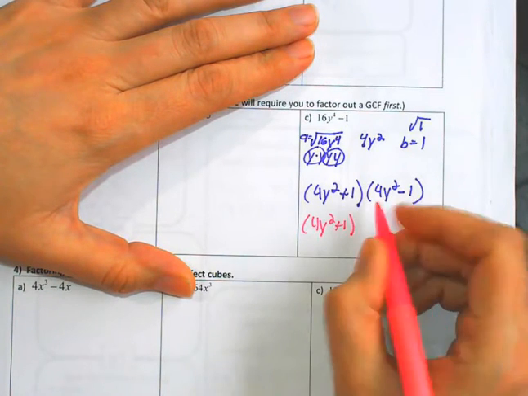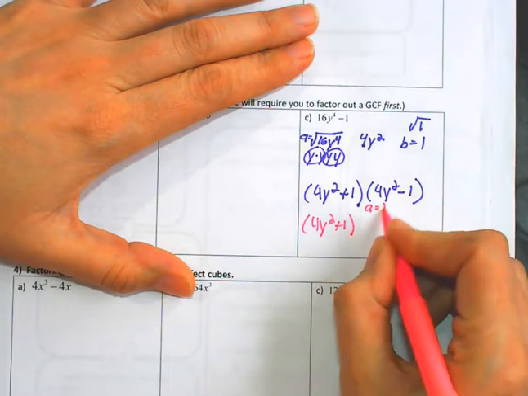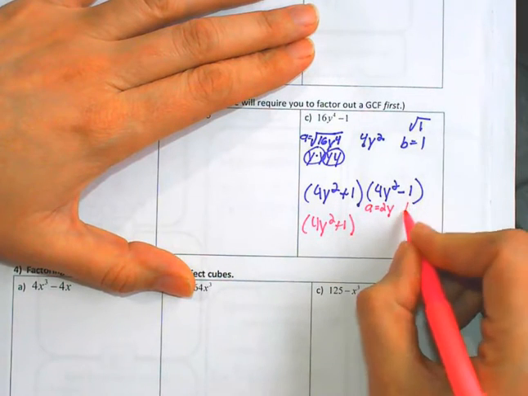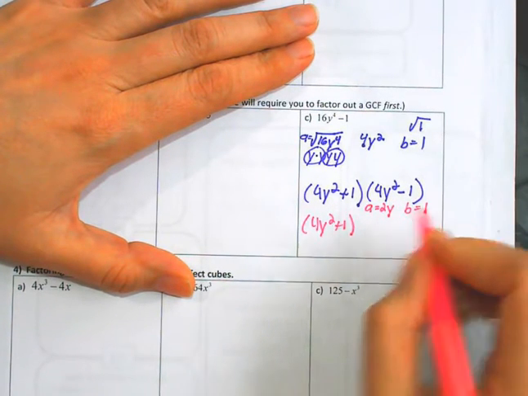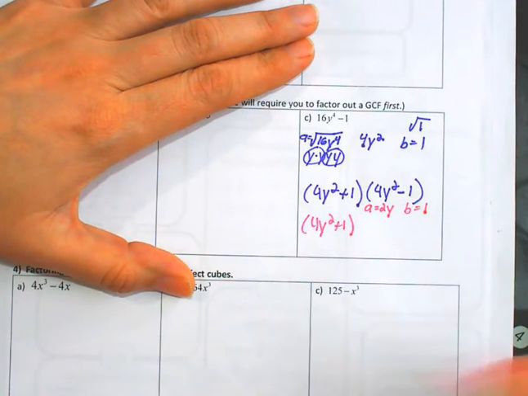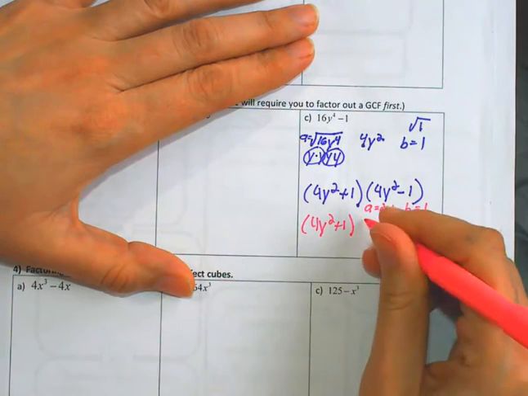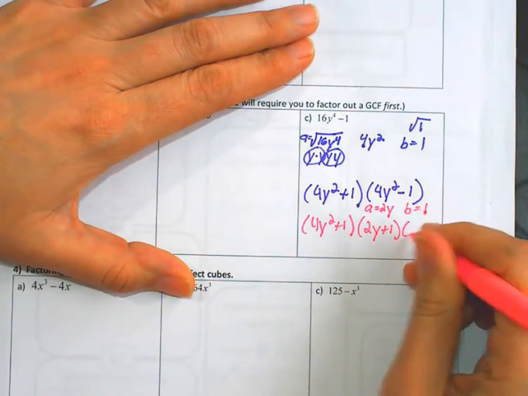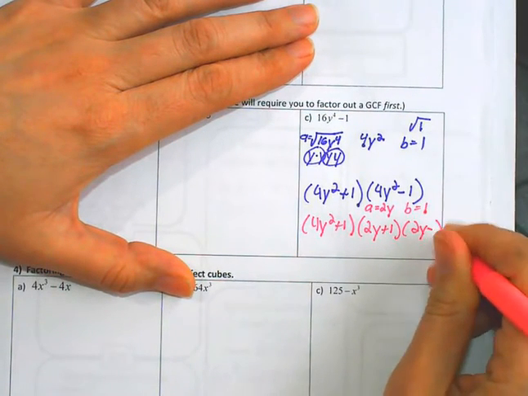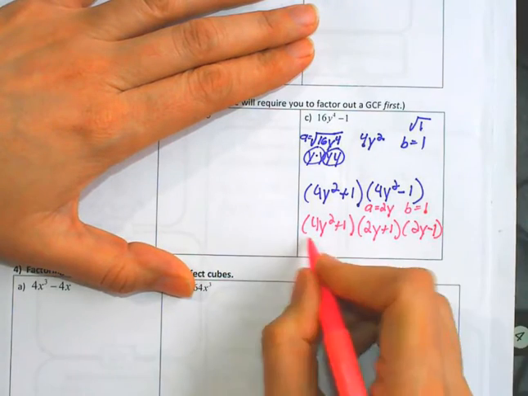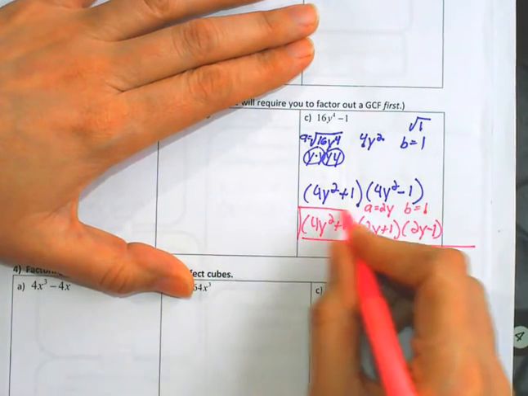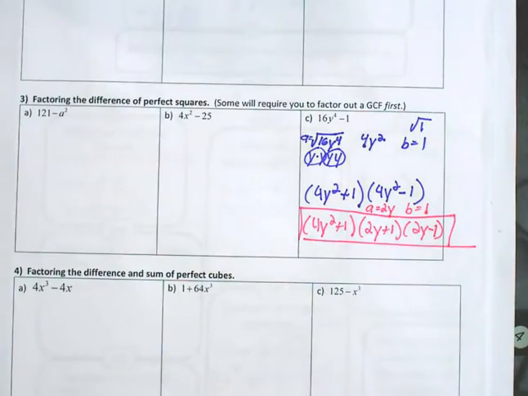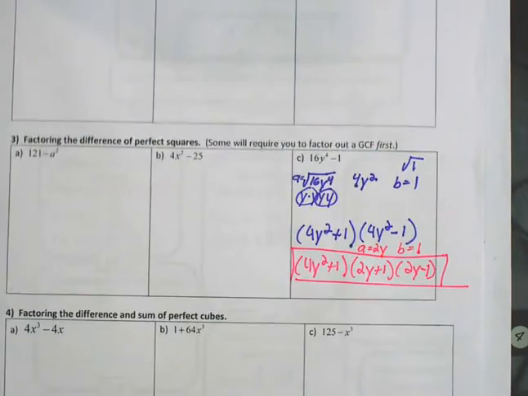So my a equals 2y, my b equals 1 again, which means that I can factor this further. You always want to check to see if you can factor it further. 2y plus 1, 2y minus 1. Now you're done. So always check to make sure that you can factor it further. Okay?